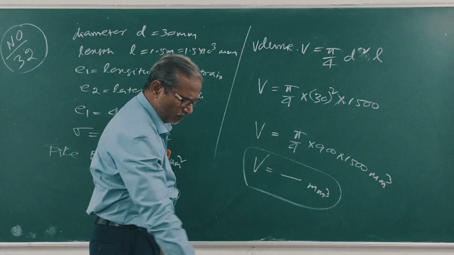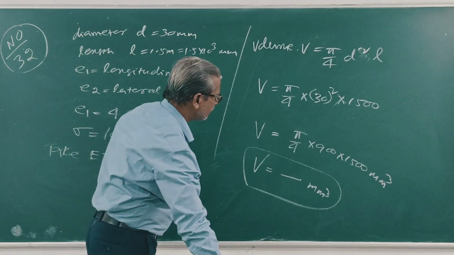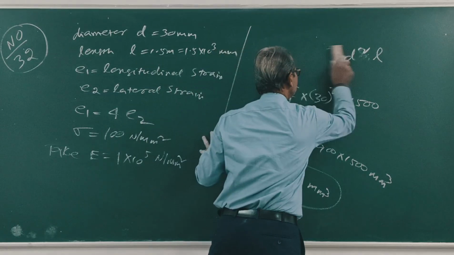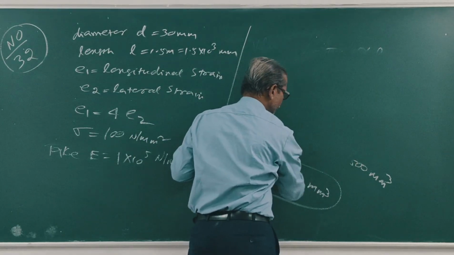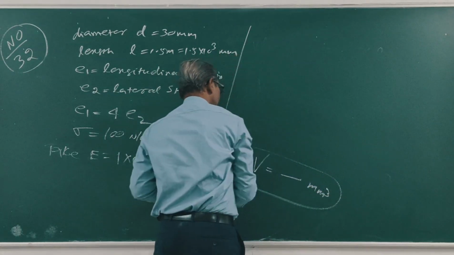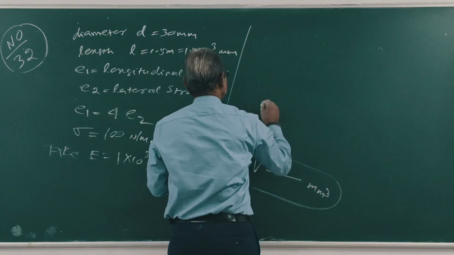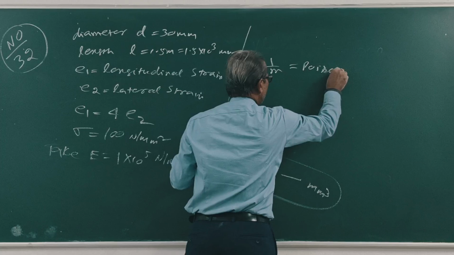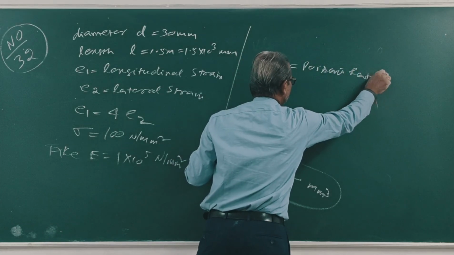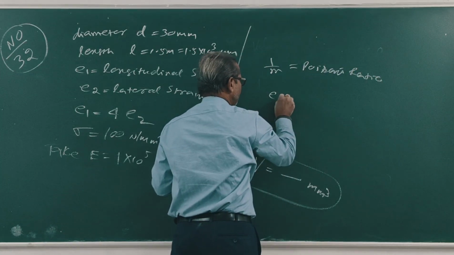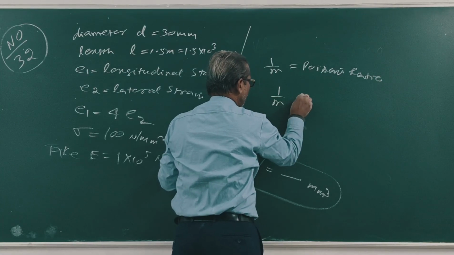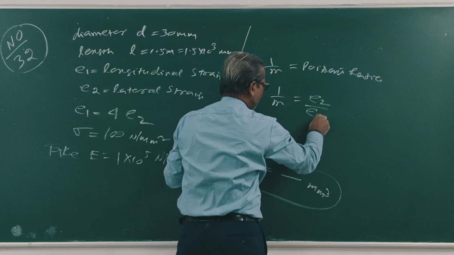Now, Poisson's ratio. 1 by m is Poisson's ratio. What is E2 by E1? 1 by m is equal to E2 by E1.